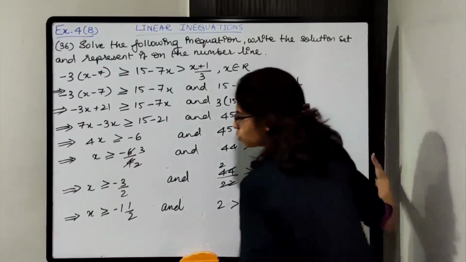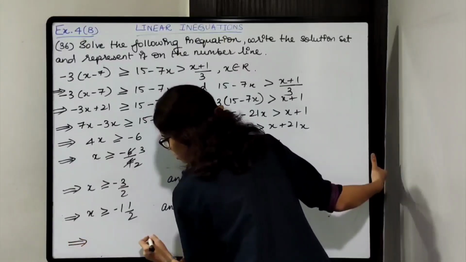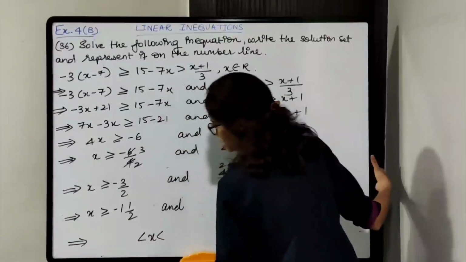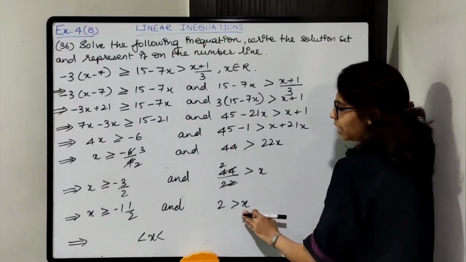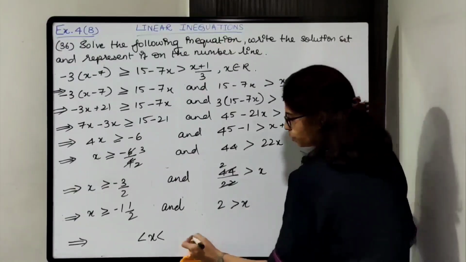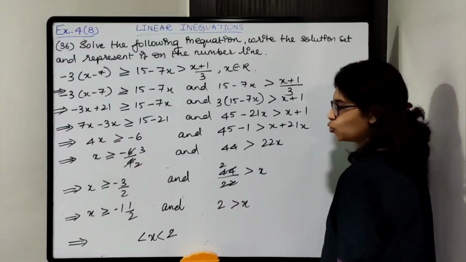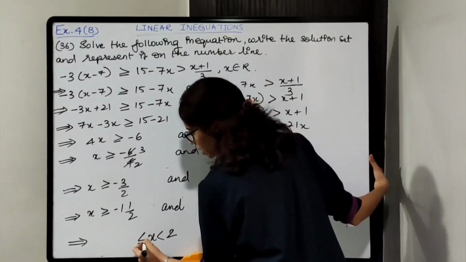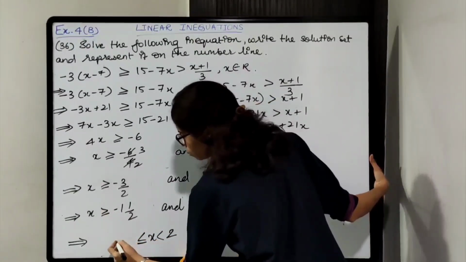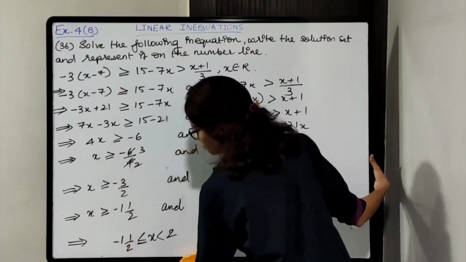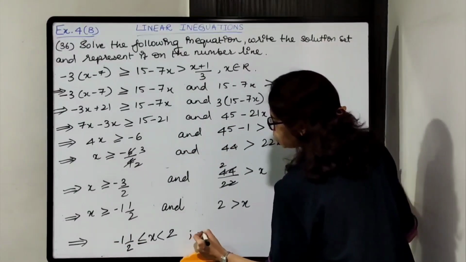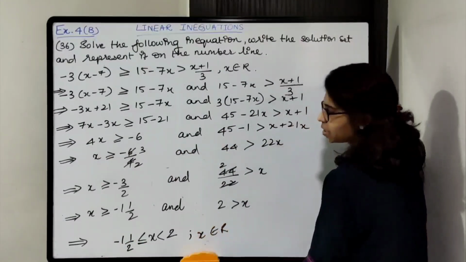So what will the range of x be? So x is less than 2, right? 2 is greater than x means x is less than 2, and also greater than or equal to minus 1.5, where x belongs to the set of real numbers.